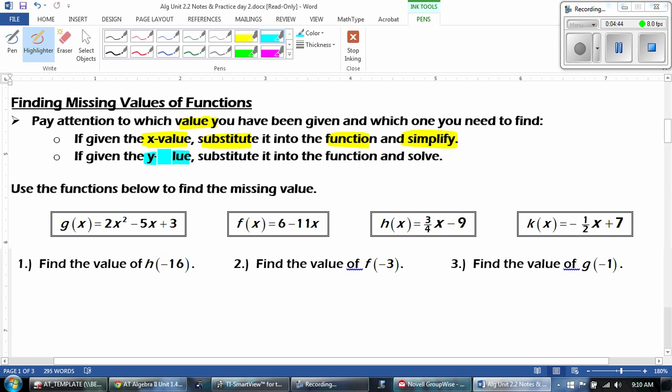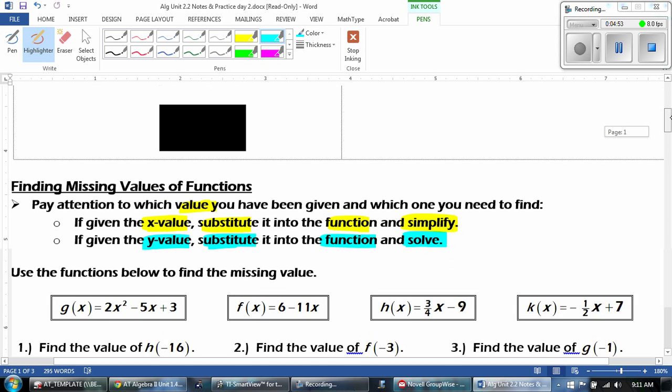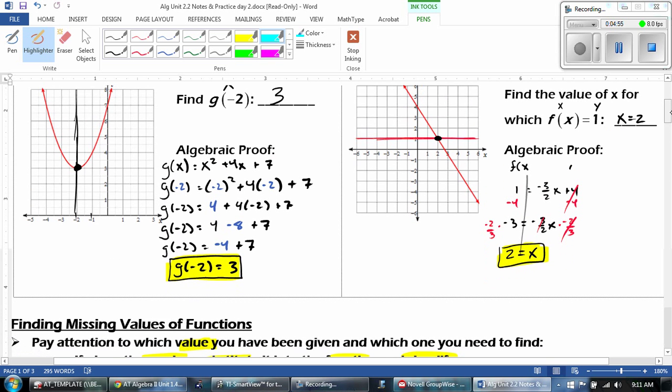If they give us the y value, we have to substitute into the function and solve. One time we have to solve, and the other time we need to simplify. Sorry guys, I'm just fixing something so we know what they're giving us.